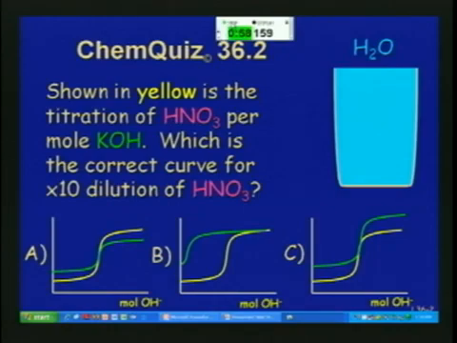So what is it? That would be C. Would that be a higher pH? How can the pH be higher there if you had 0.1 molar to begin with?